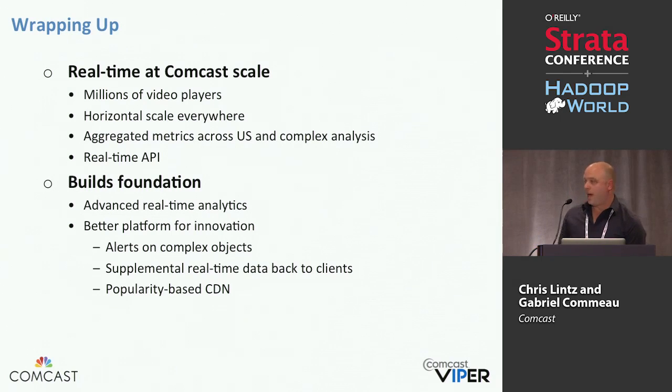And by the way, a lot of these bullet points in the end really deserve a whole other presentation. But there's a popularity-based CDN that was filed where, again, when we know things in real time, we can start making clever decisions on how to move content around a CDN to increase efficiency of our network. So that's pretty much what we have here, and I think we have time for questions.